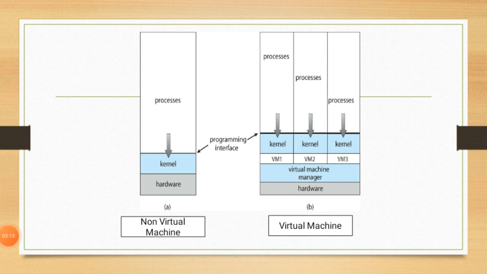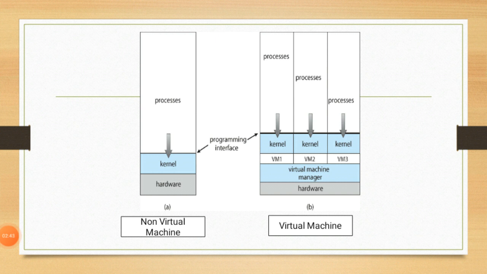So, as in the non-virtual machine, even in the virtual machine we have the hardware, and in the upper layer we have the virtual machine manager. I told you in the definition that we are going to have several different execution environments.